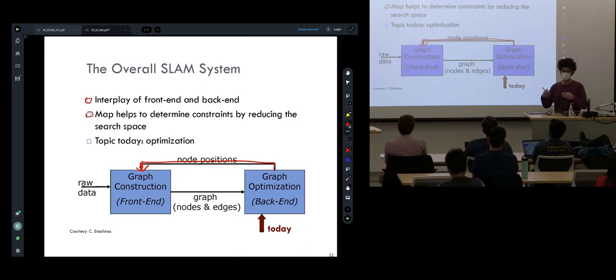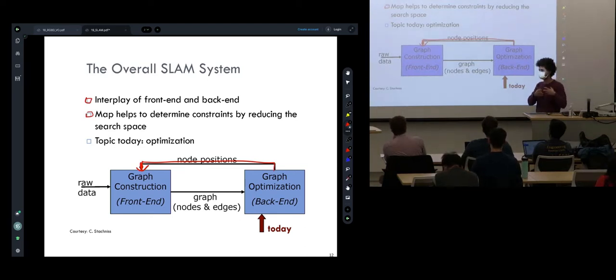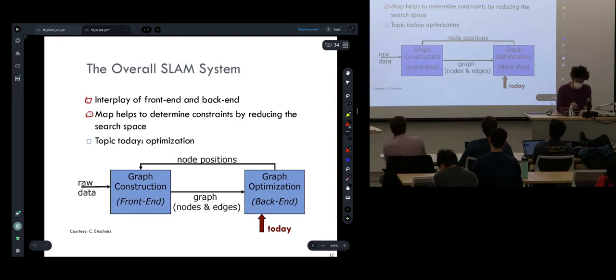Imagine you also want to go back in time and redo some of the work that the front end did. That's more unusual to see in the literature. So this interplay is not well defined and is part of basically problem solving.